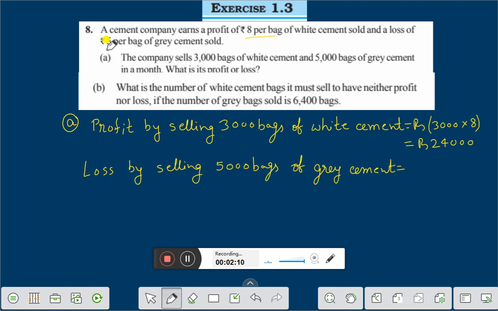In one bag the loss is rupees 5, therefore in 5000 bags the loss is rupees 5000 into 5, that comes to rupees 25,000.